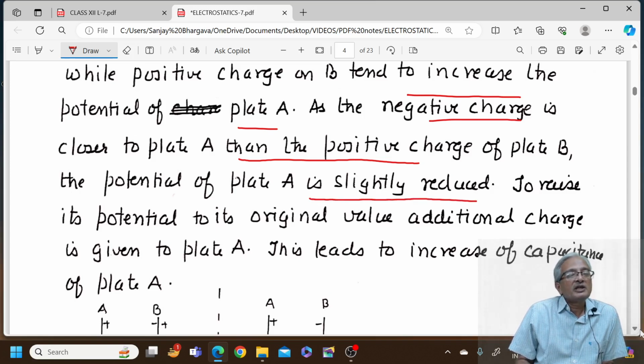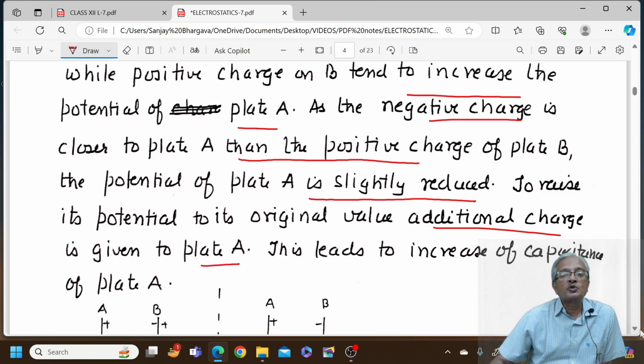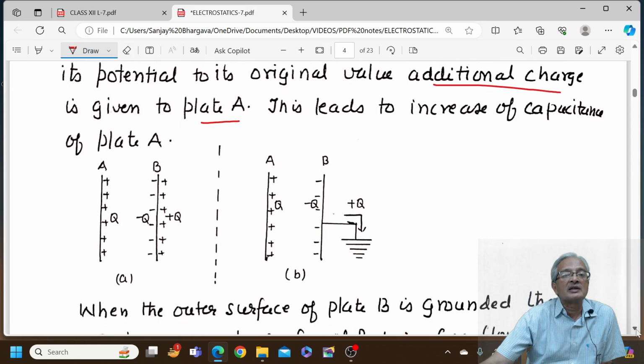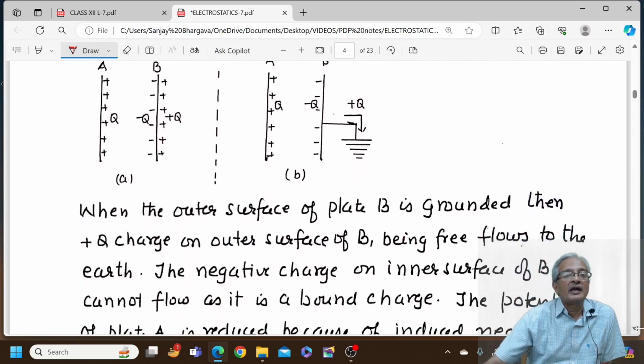To raise the potential back to its original value, additional charge is given to plate A, and that means the ability to store charge has increased, which will lead to increase of capacitance of the conductor A.